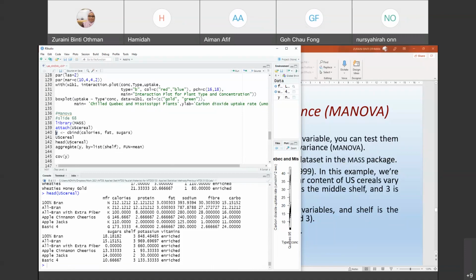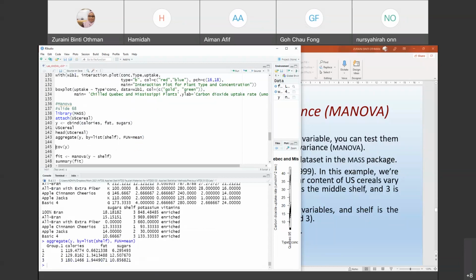Because we define it by using this parameter only. Then we want to get the aggregate in terms of mean. You can see this aggregate. Now we have different calories, different fat and sugar on different shelves, which is bottom, intermediate, and upper level just now.